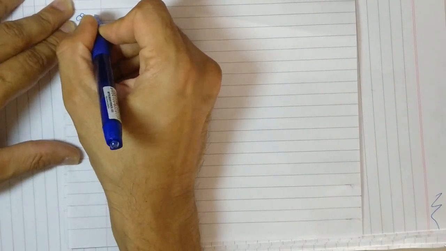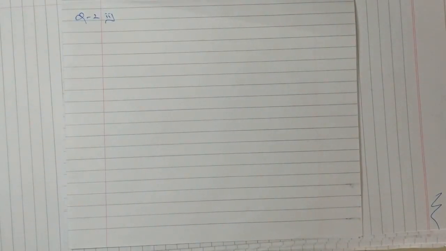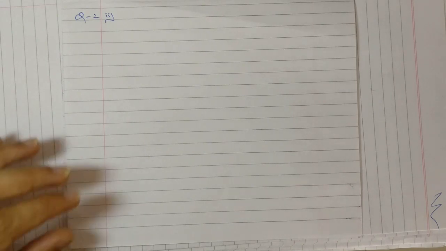So question number 2, sub question 2. 2 women and 5 men can together finish an embroidery work in 4 days, while 3 women and 6 men can finish it in 3 days. Find the time taken by 1 woman alone to finish the work and also that taken by 1 man alone. Okay.